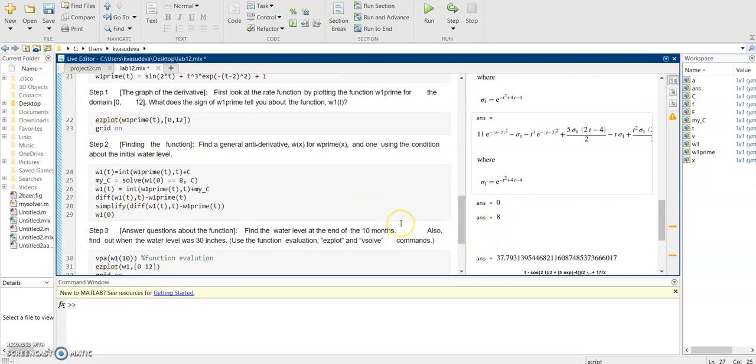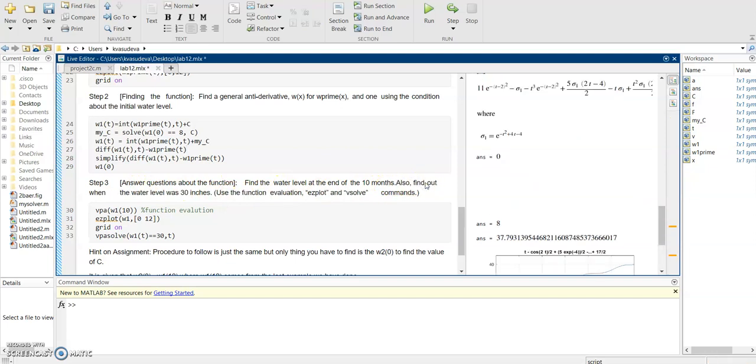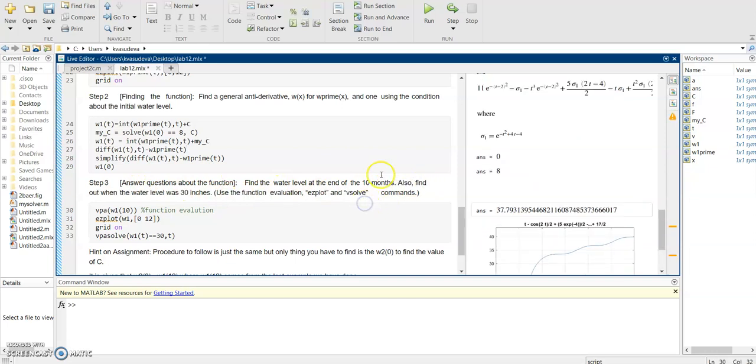Now the third question is, this is not the exact question that I have in my manual, so I've just changed 12 to 10. That doesn't matter. So the question is, find the water level at the end of 10 months, which means my t is 10 months, and also find out when the water level was 30 inches.